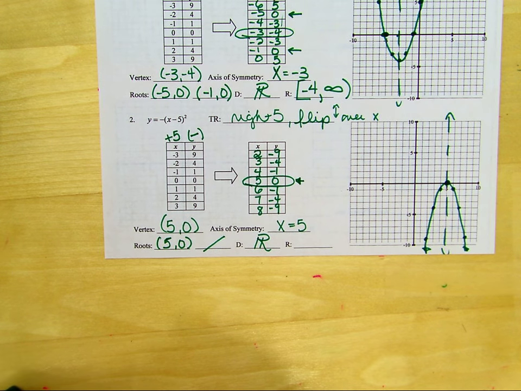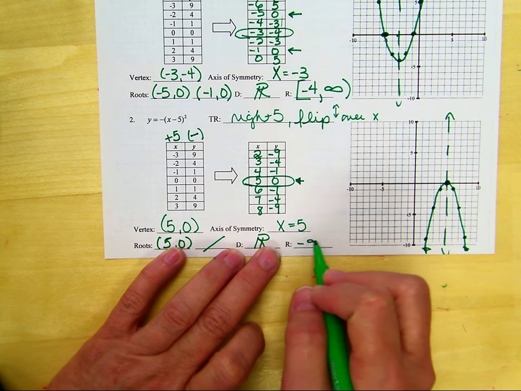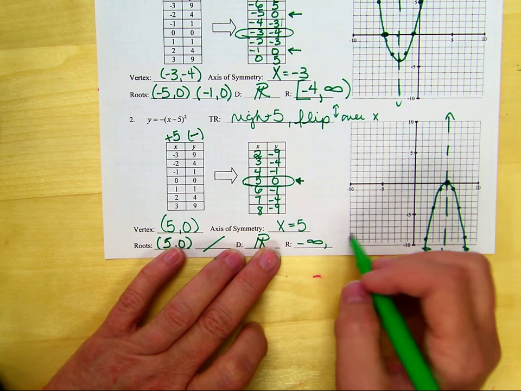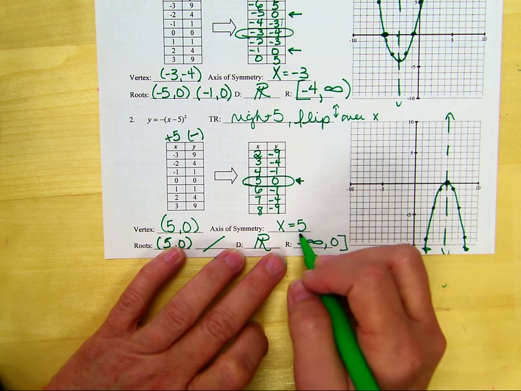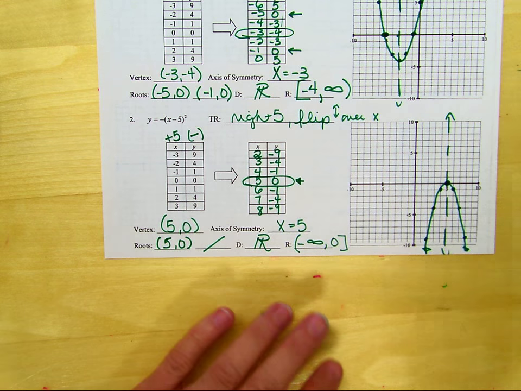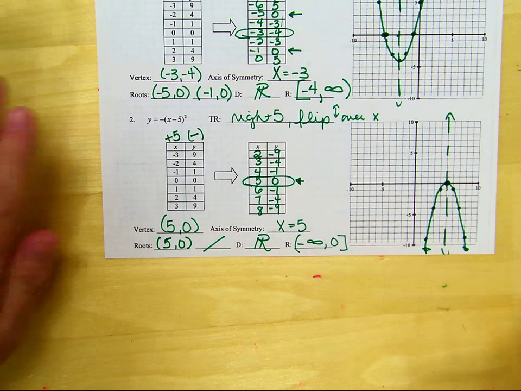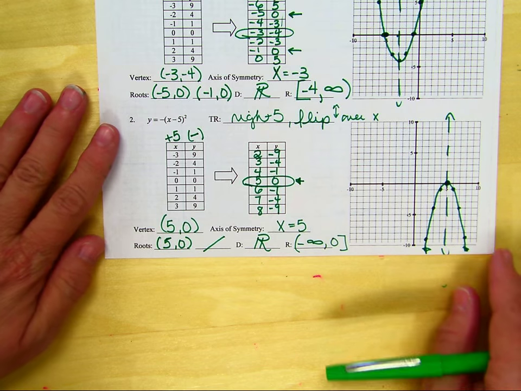This range, going from bottom up, smallest to biggest, does not begin here, it ends here. So my range comes up from -infinity, stops when the y value is 0, including 0. Make a special note of that because I'm still having a lot of people making that mistake.